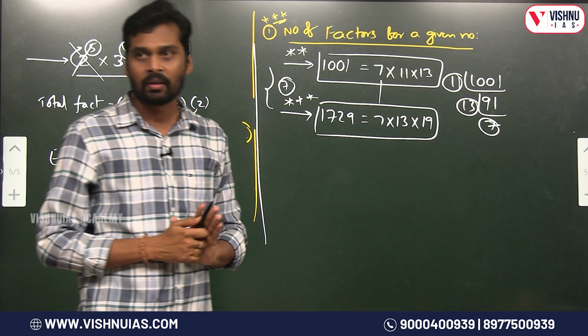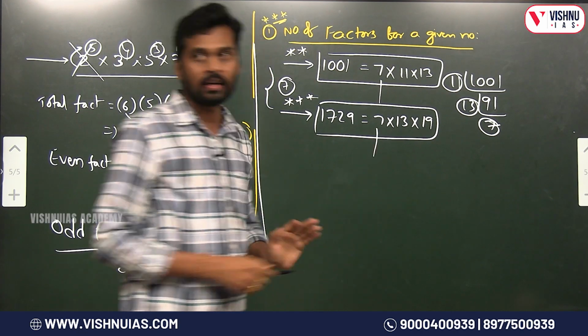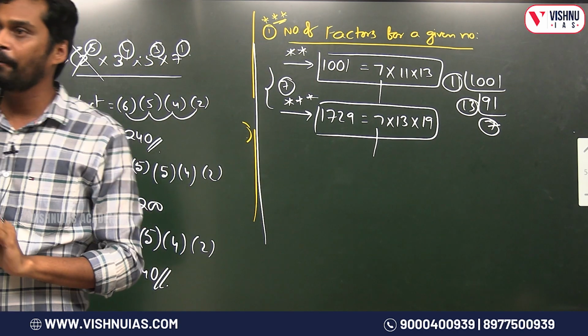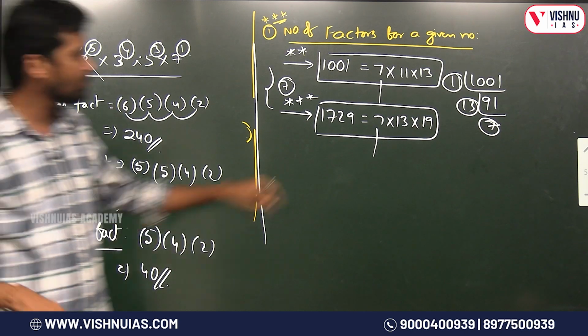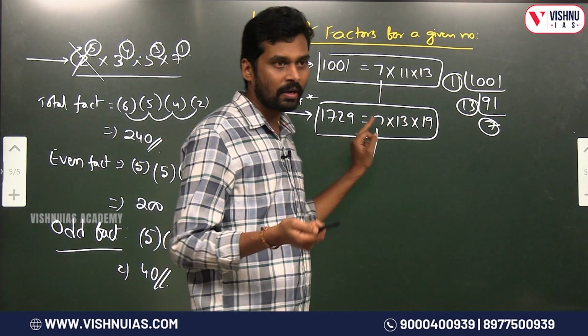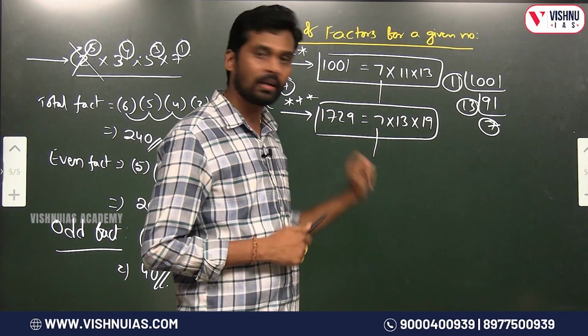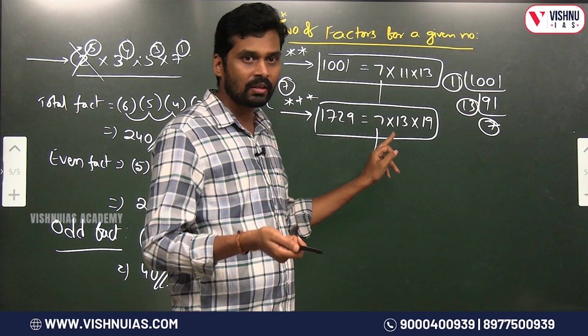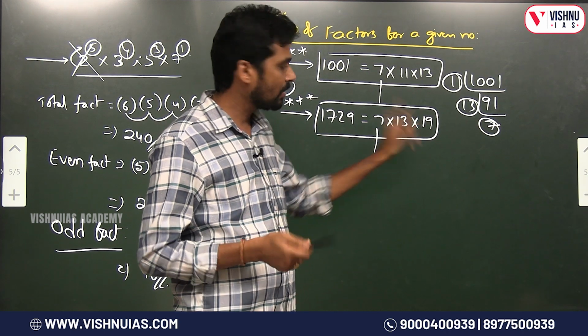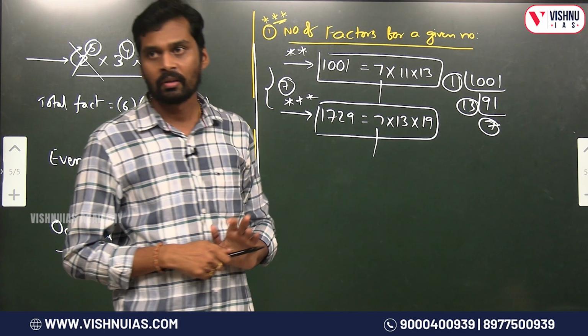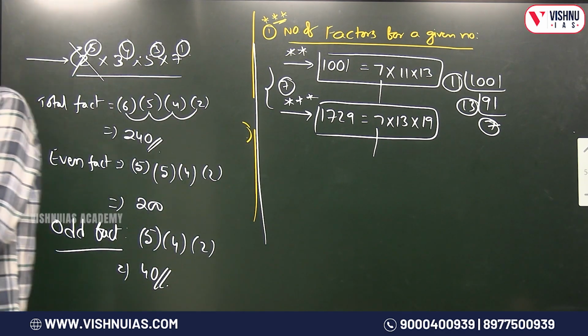Coming to the next one, again starting from 7, it is a product of 3 alternate prime numbers. Alternate means 7, what is the next prime number? 11. You skip that one, 13. After 13, what is the next prime number? 17. If you skip that, 19. So these 2 numbers, you remember them.